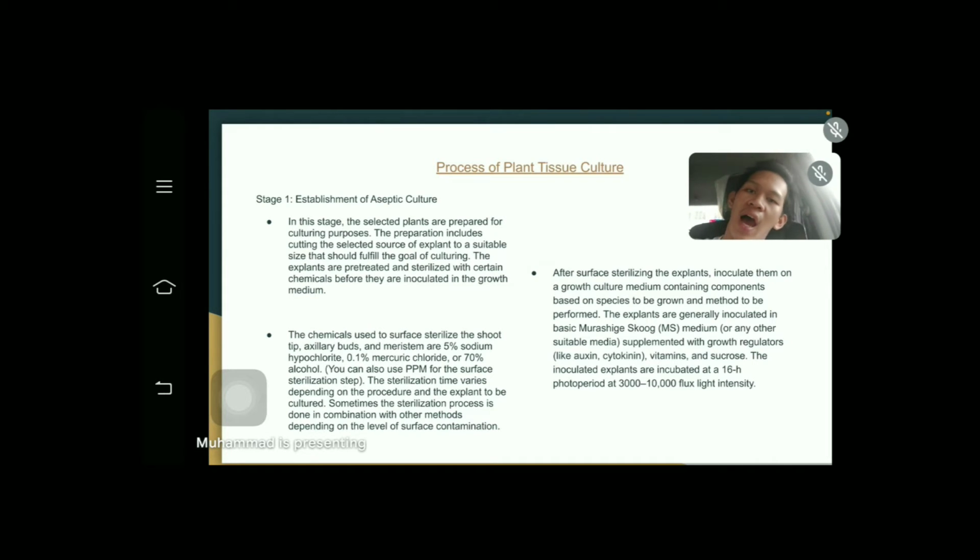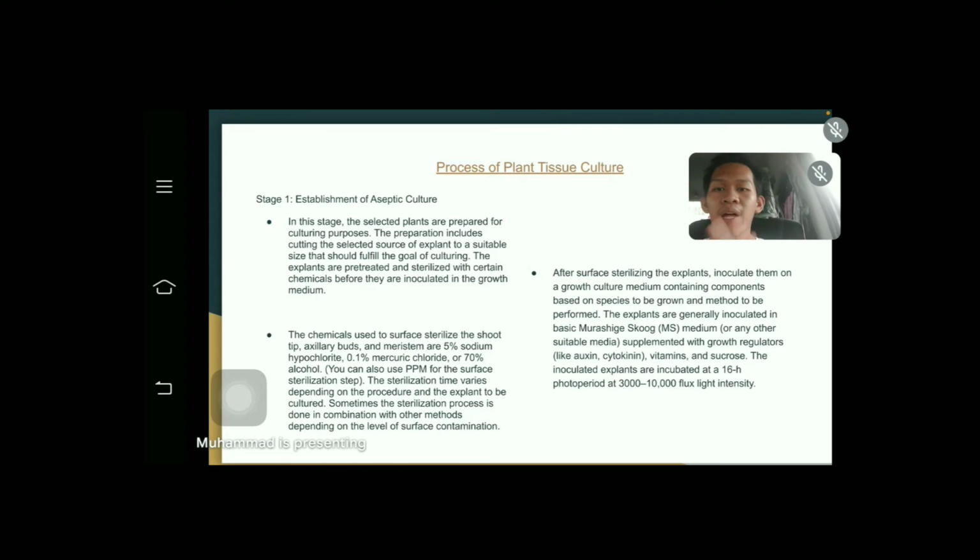The explants are generally inoculated in basic Murashige and Skoog (MS) medium, or another suitable medium, supplemented with growth regulators like auxin and cytokinin, vitamins, and sucrose.